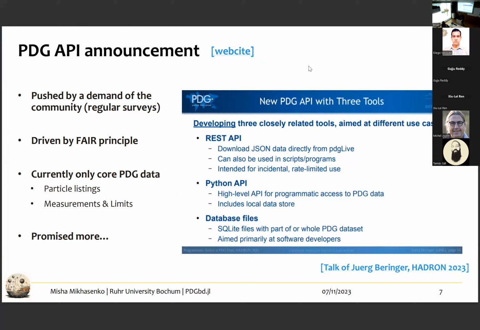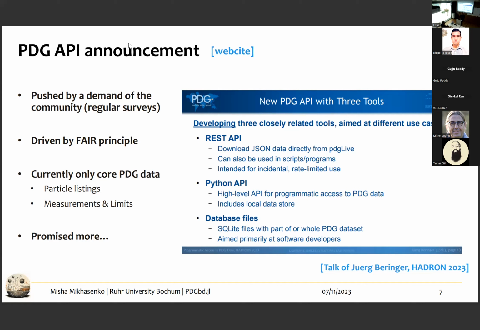So this year in June, the Particle Data Group announced the release of a large chunk of the internal information. This database became accessible. There has been a lot of discussion: should we print these big books, or stick to the web page only? One push from the community was to make this programmatically accessible.